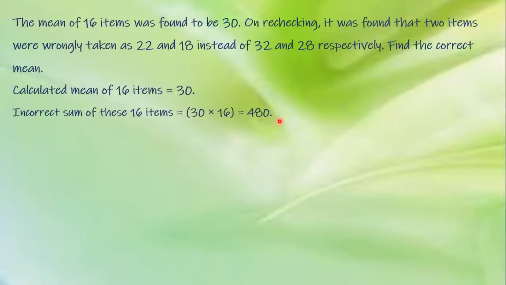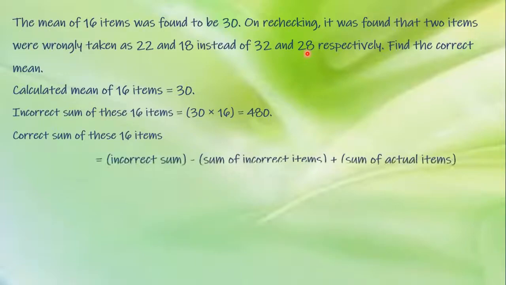Now we have to find the correct sum. How can we find the correct sum? We just subtract the wrongly taken items, these 2 numbers, 22 and 18, from the incorrect sum and add the correct ones, 32 and 28. So correct sum will be incorrect sum minus sum of incorrect items plus sum of actual items.